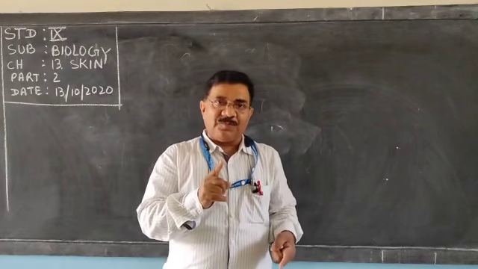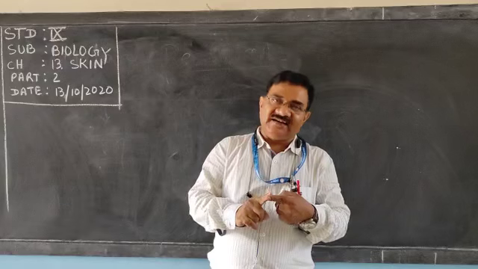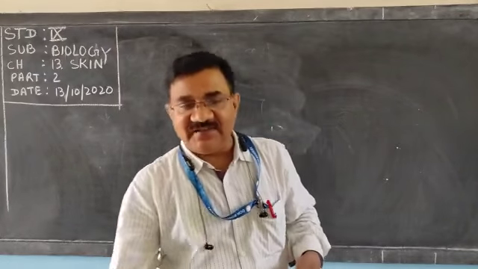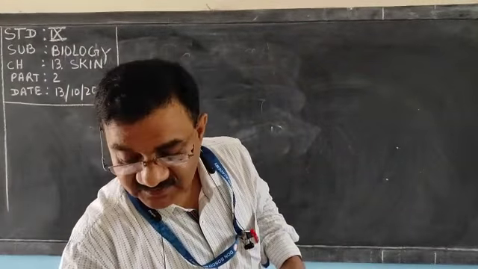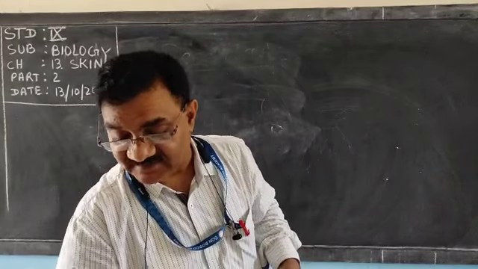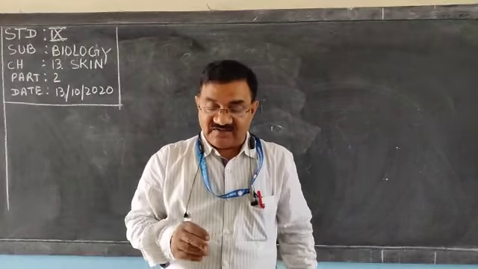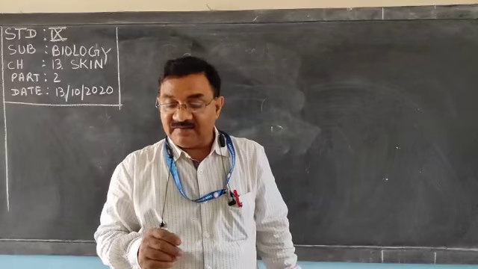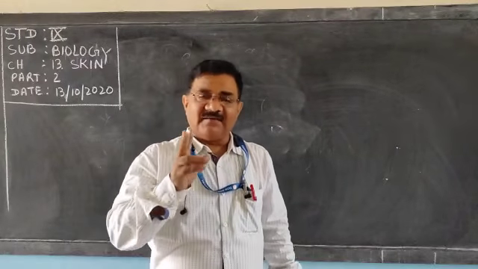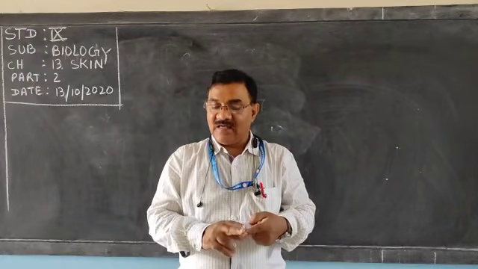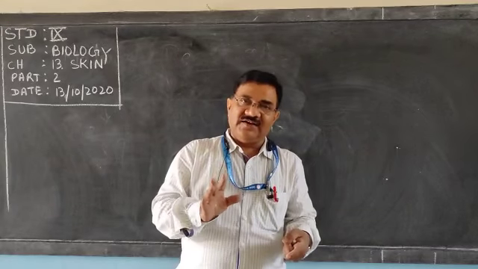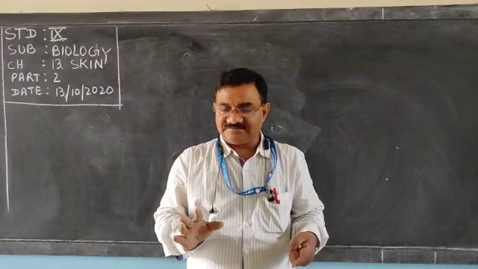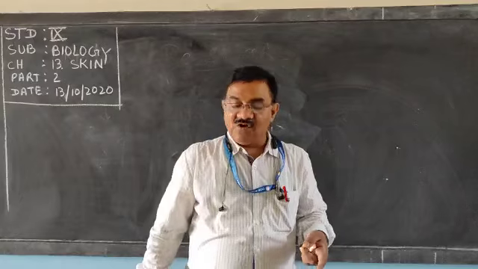In the skin proper, we discussed the epidermis and the dermis, and the three layers of the epidermis: the cornified layer, the granular layer and the Malpighian layer. We also discussed the dermis in detail.